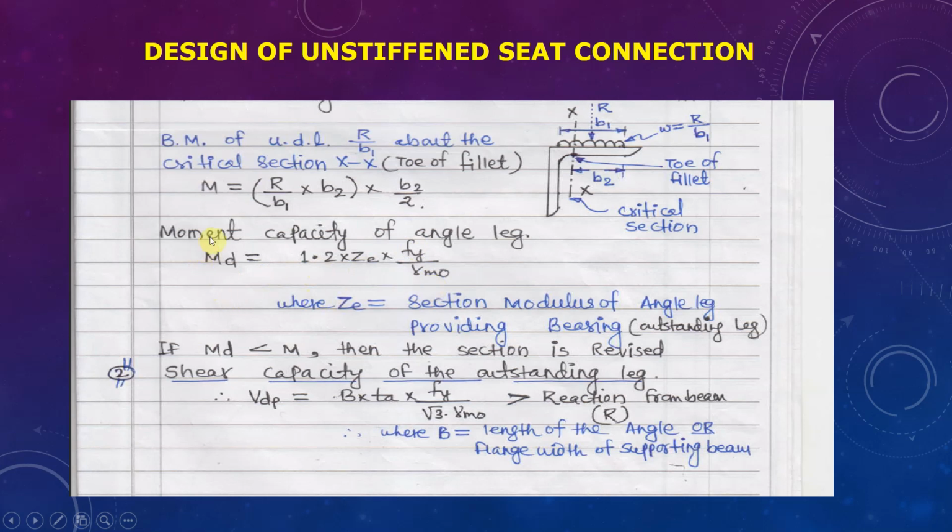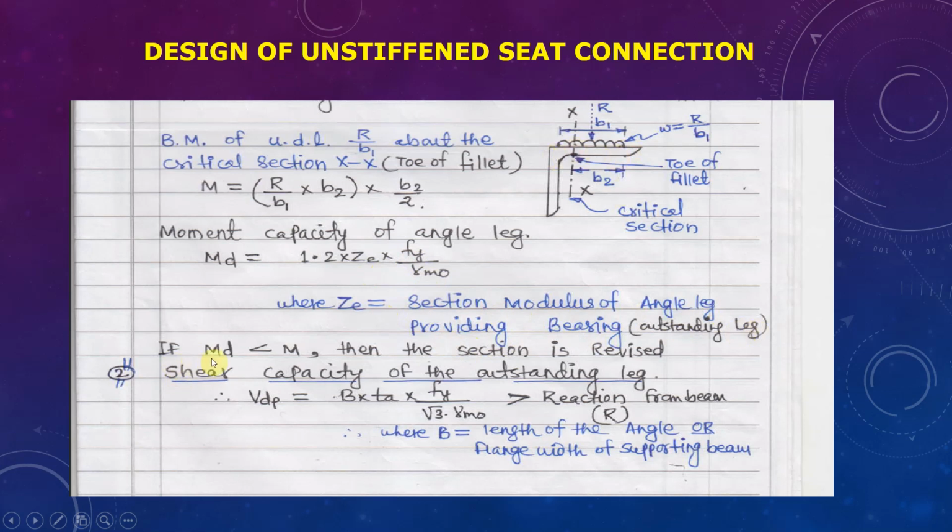If you observe this formula minutely, you will find that for a semi-supported beam the formula is 1.5 into ZE into Fy upon gamma m0, whereas for the cantilever portion it is 1.2 ZE into Fy upon gamma m0, where ZE is the section modulus of the angle leg providing bearing, that is the outstanding leg, that is this leg.